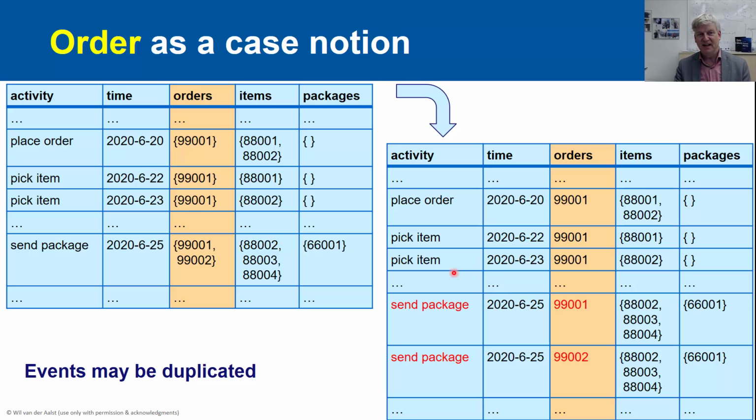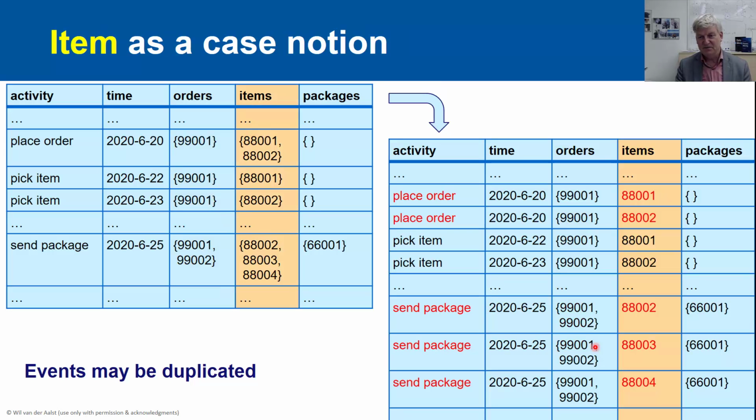If I take order as a case notion, then if there is just one order related to a particular event, nothing much changes. But if an event refers to multiple orders, this event is replicated for each of these orders. So we see that this event is transformed into two events related to the two different orders.